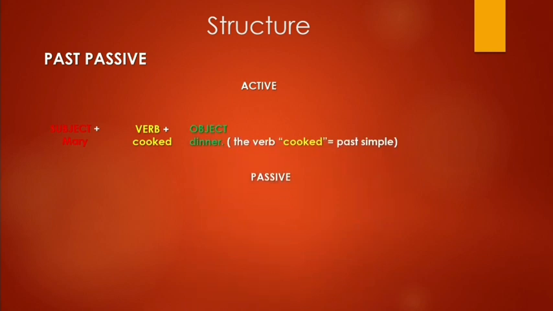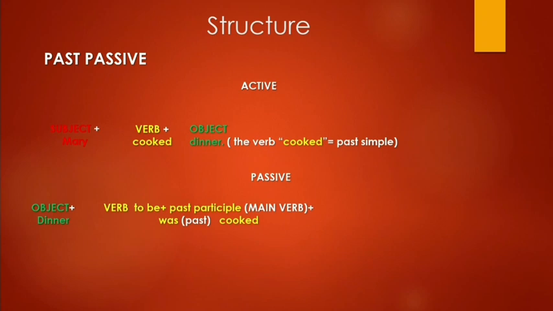This sentence changes into passive by the object dinner plus the verb to be plus the past participle of the main verb. The verb to be in this case goes was, and the main verb in the past participle goes cooked. And again we introduce the subject with the word by. So dinner was cooked by Mary.